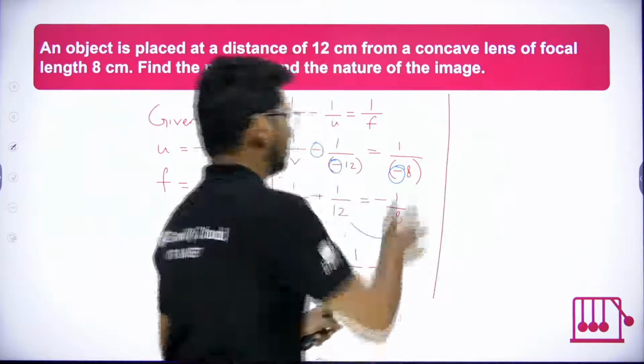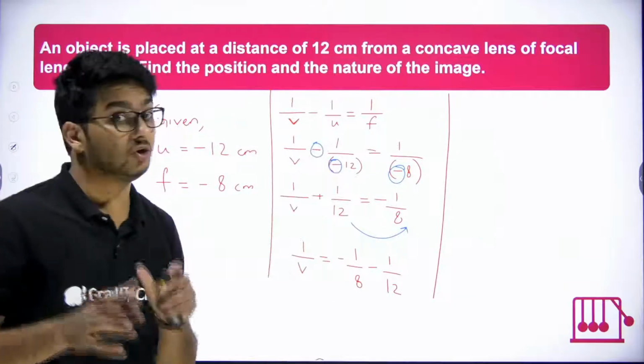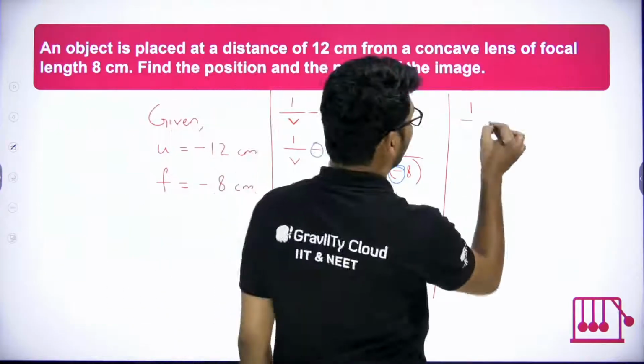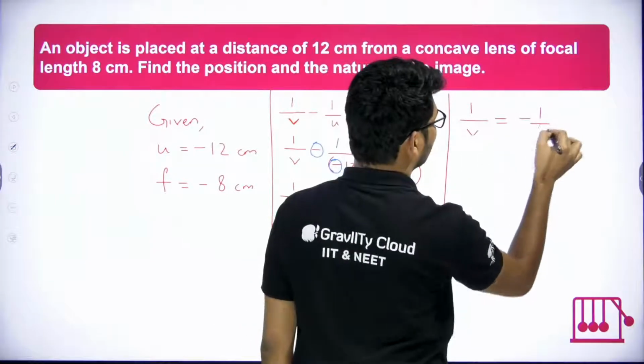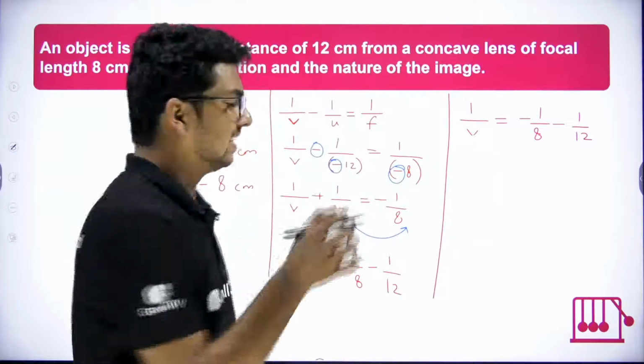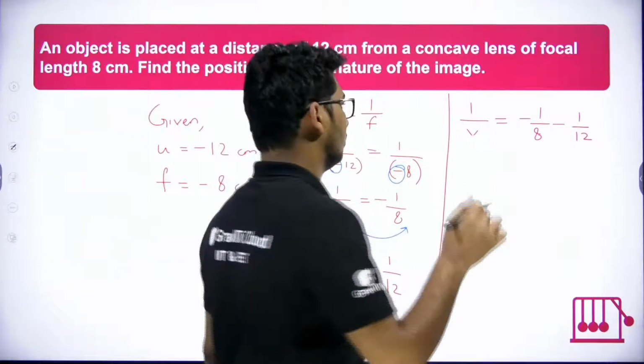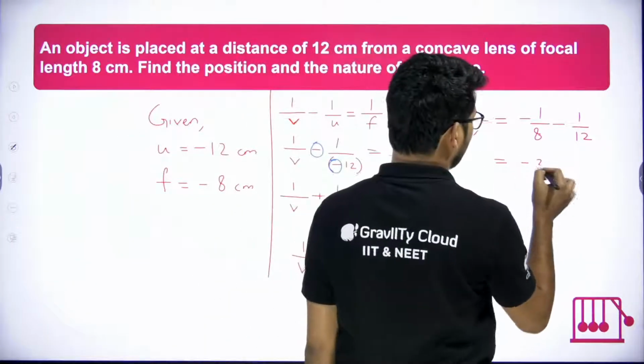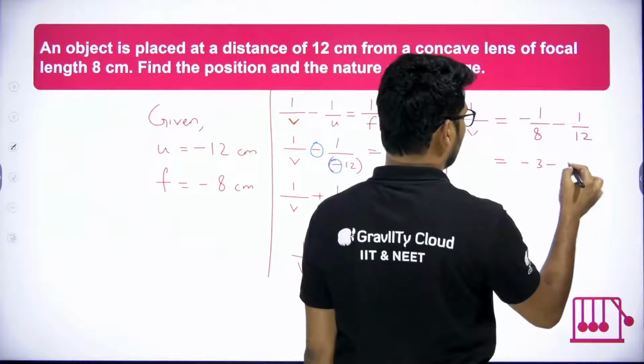I'll do the calculation. So 1 by v is equal to minus 1 by 8 minus 1 by 12. If you look at the denominators 8 and 12, if you take the LCM, 24, 8 3s are 24, 12 2s are 24.